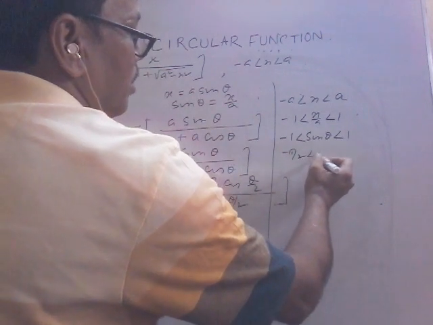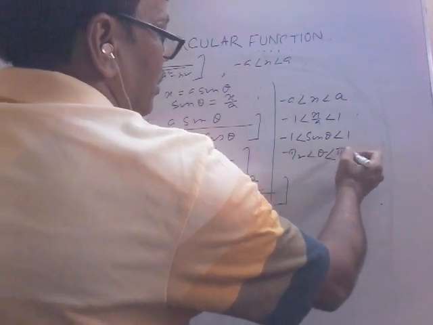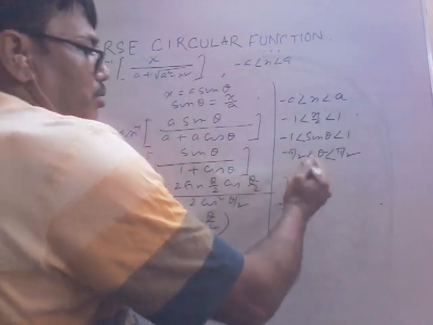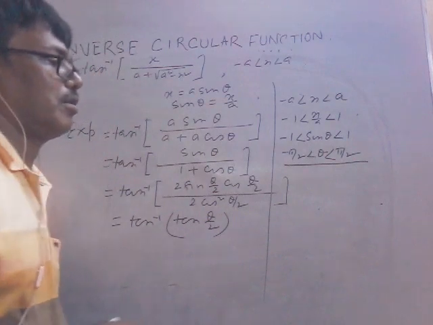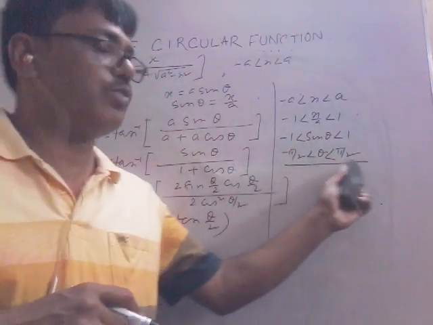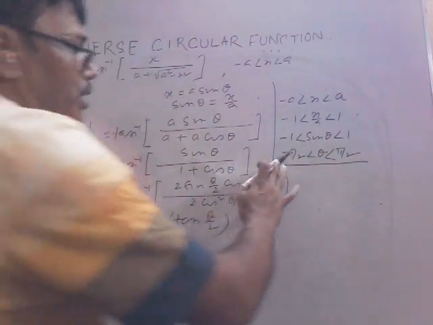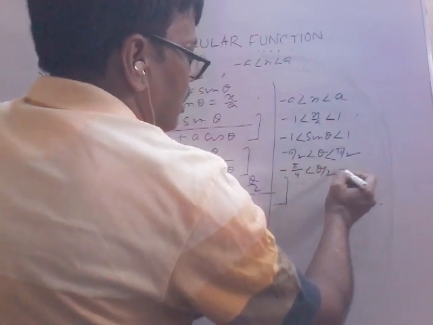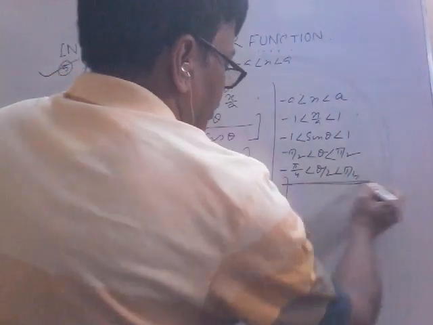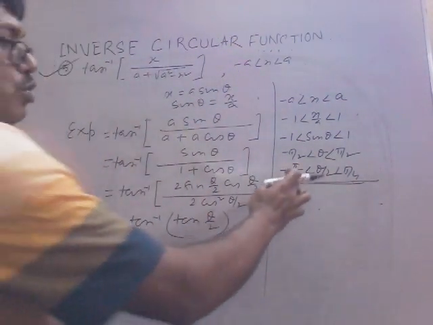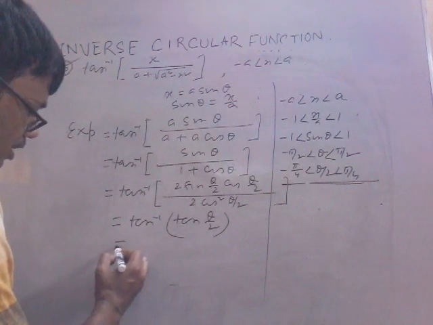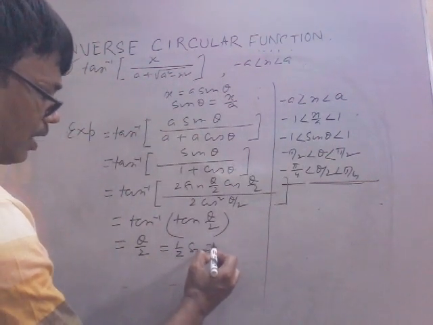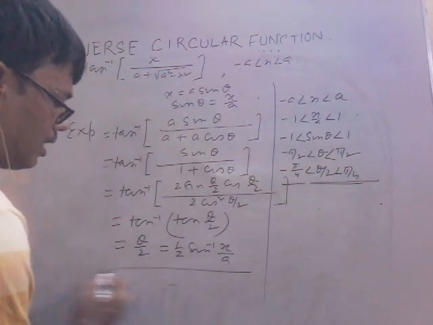So minus pi by 2 less than theta less than pi by 2. So theta belongs to minus pi by 2 to pi by 2. What is our argument? Theta by 2, so minus pi by 4 less than theta by 2 less than pi by 4. The theta by 2 belongs to principal value. So that is why this is theta by 2, so half sin inverse x by a.